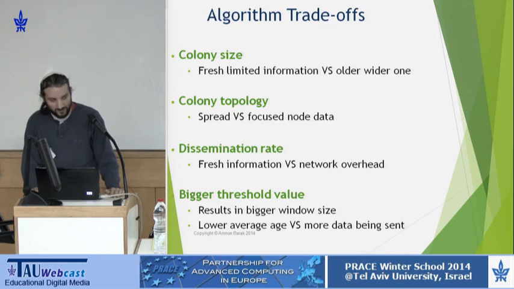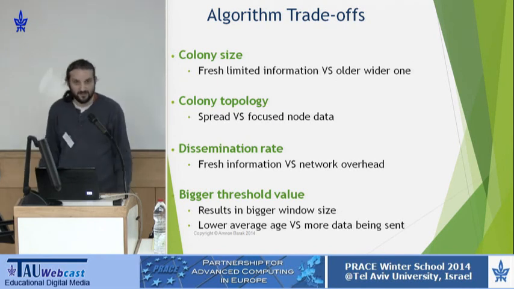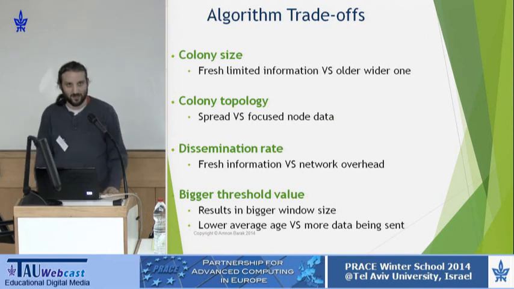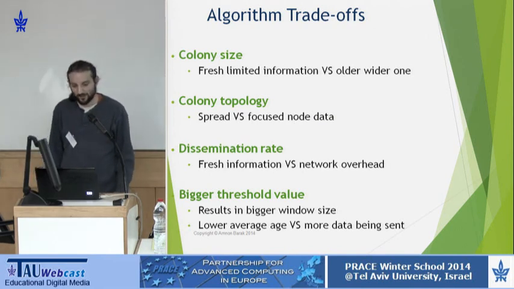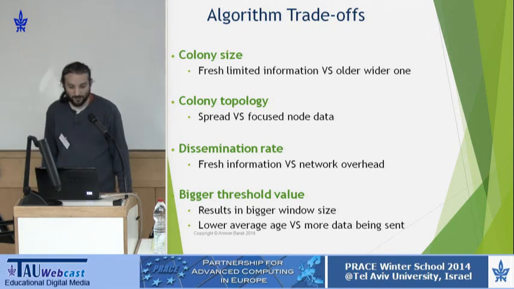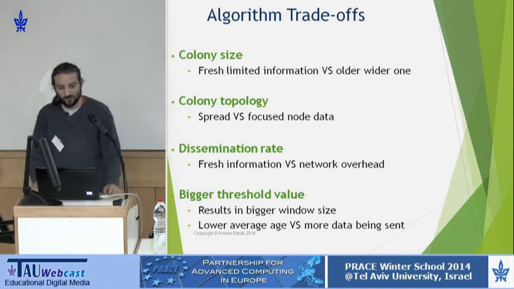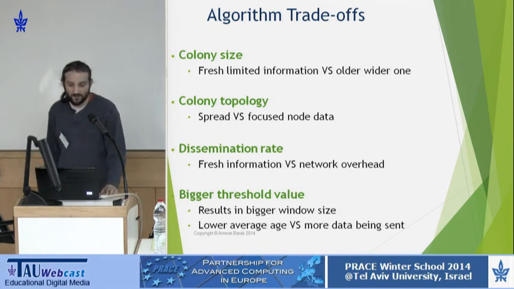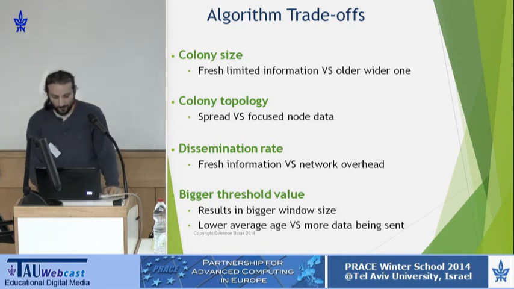Another threshold is T, the value of how old the information is that we are willing to send. If you make T higher, then we have a bigger window size, and we get a lower average age of each vector on each node, but there is more information that we need to send.